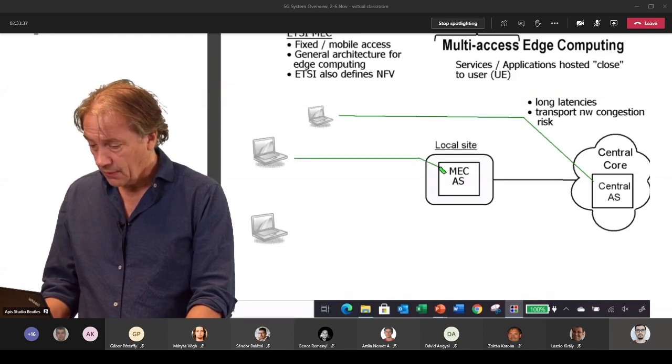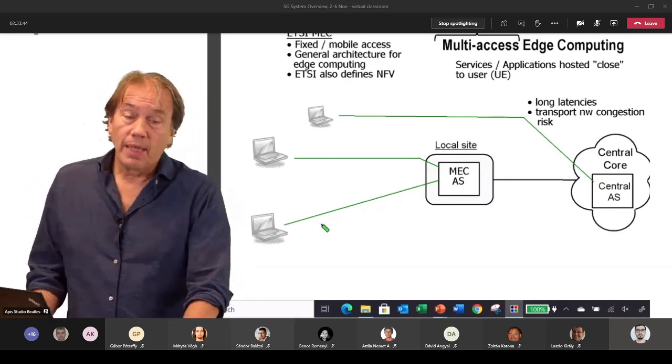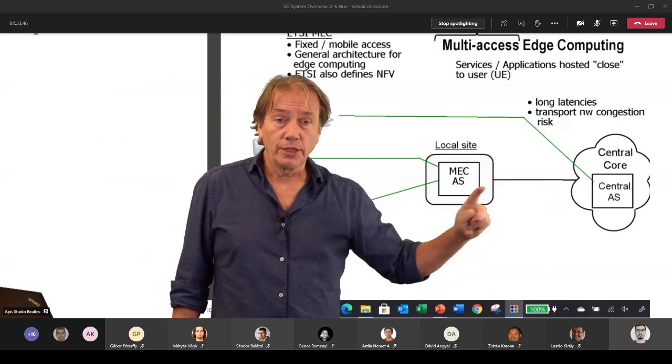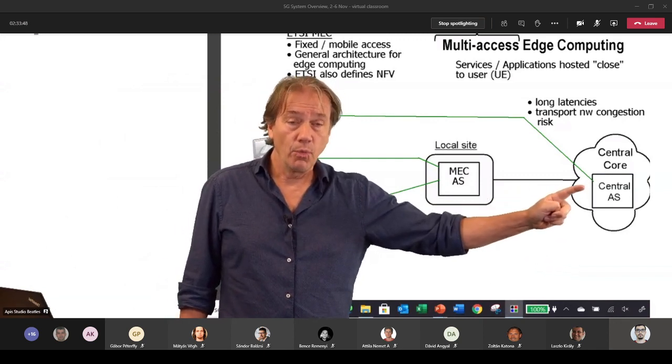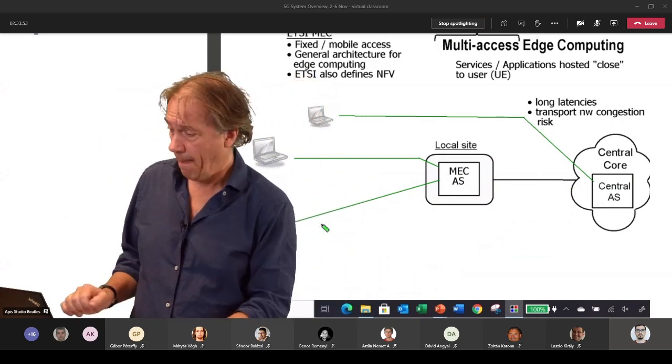typically latencies will be shorter, and at least this transport network will not need to carry all the unicast traffic.